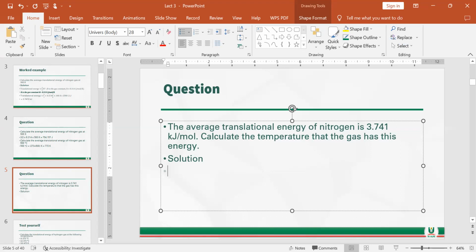But what is the value of R? R is always constant, 8.314. It's always constant, 8.314.